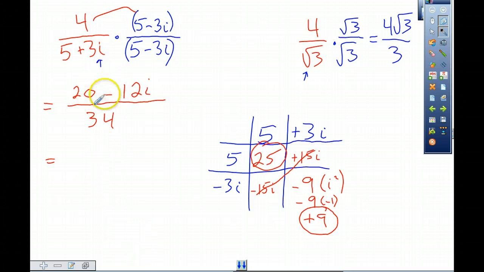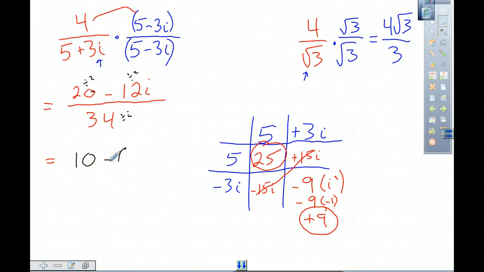So reduce this just like we did in the quadratic formula. Reduce everything by 2. This is one of those things on the redos, some of you just needed to do this. You got to this point, but you didn't reduce everything. So divide everything by 2, all the real parts by 2. We get 10 minus 6i over 17.